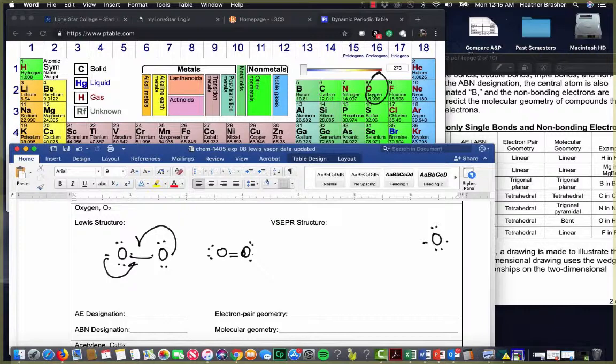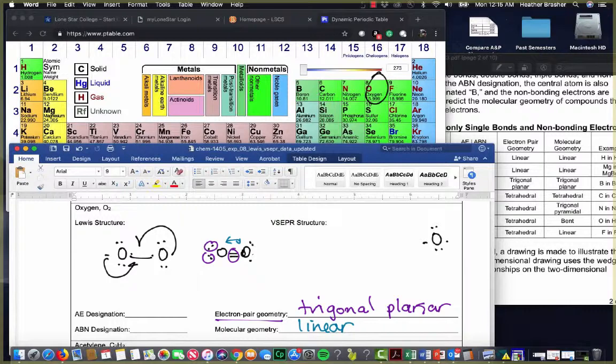And so his electron pair geometry is 1, 2, and 3. So he is trigonal planar. And if you look, they are right across from each other in a straight line, so he is linear.